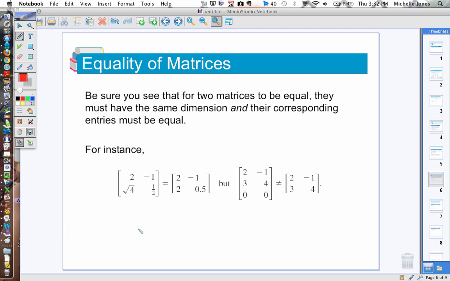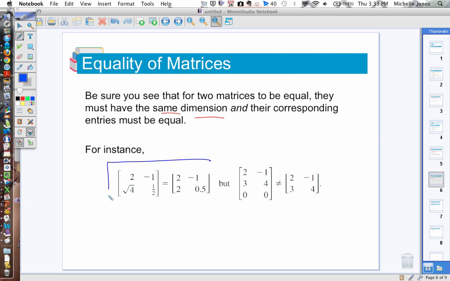For matrices to be equivalent or equal, they have to have the same dimensions. This is really important. And their corresponding values or entries must also be equal.